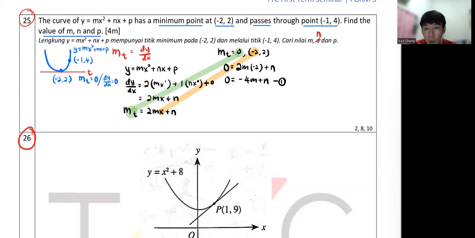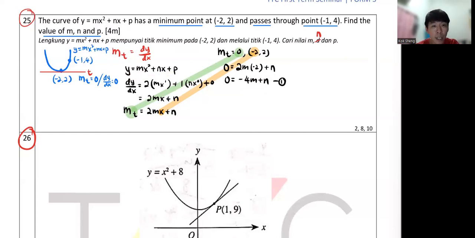So then the second one. Again, the first one, you can see, comes from the dy/dx, not from the curve. We sub in the number. So the second one, yes, we're going to get it from the curve already.